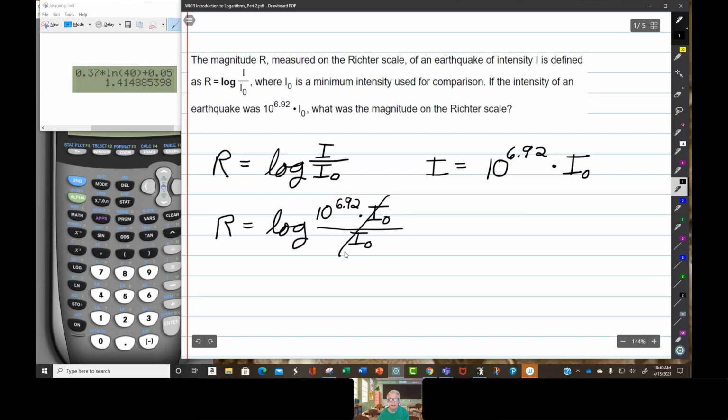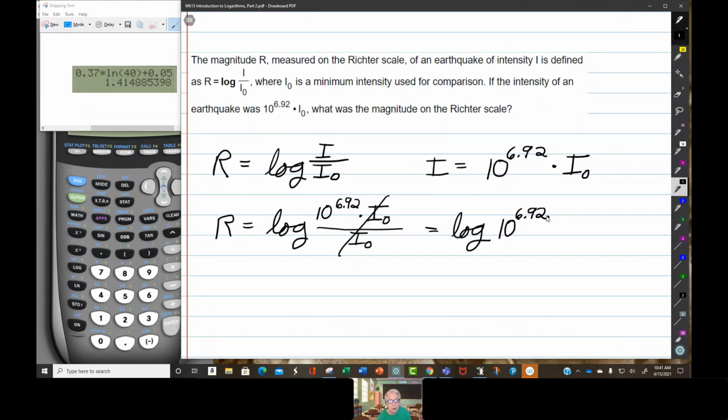And the I naughts conveniently cancel out, leaving us with log of 10 to the 6.92 power.